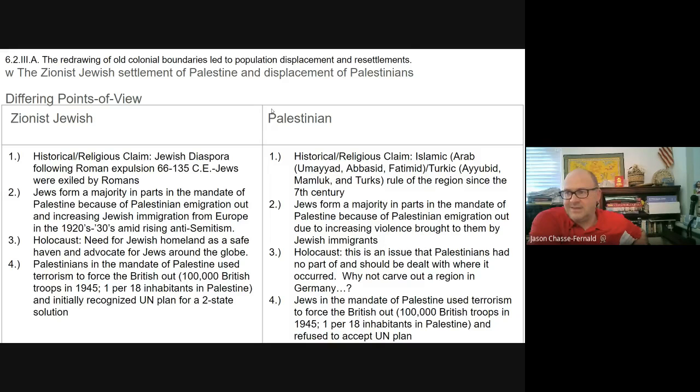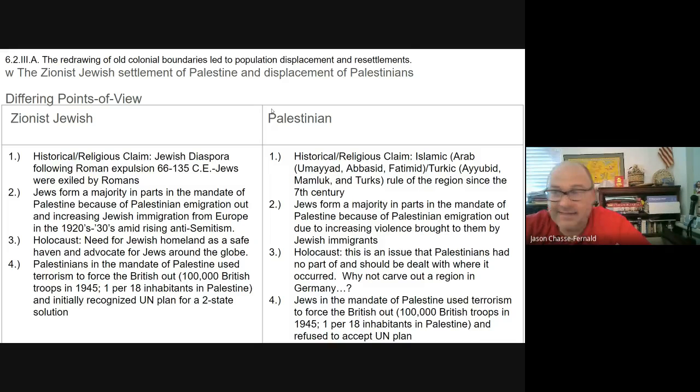Palestinians did not commit the Holocaust, and they did not turn a blind eye to the Holocaust. This occurred in Europe, in Germany and Poland, in Eastern Europe, as far as where it actually took place, so why not carve out a Jewish state in Germany, the country that perpetrated the Holocaust?